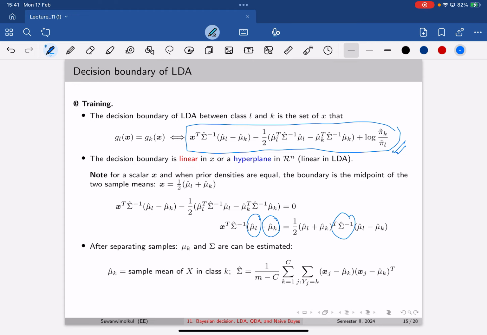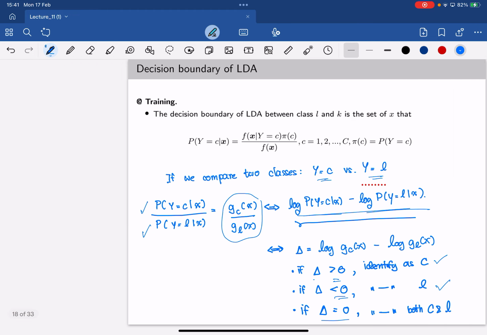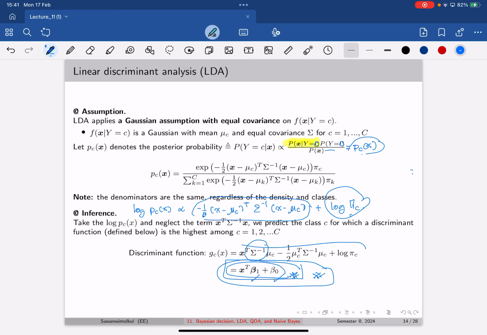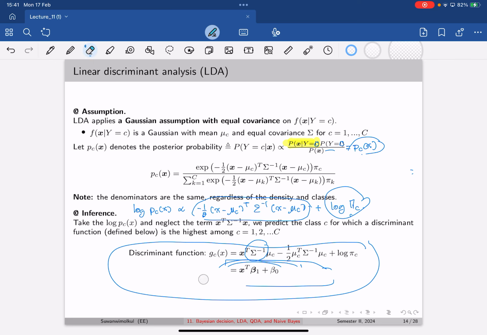Alternatively, if you were to learn it from this, okay, at the moment you have two ways to compute these unknown parameters. The first way is that maybe you can plug in this value based on your Gaussian assumption, where you use the sample mean as an estimated value for your mu C or mu L, whatever class you have.